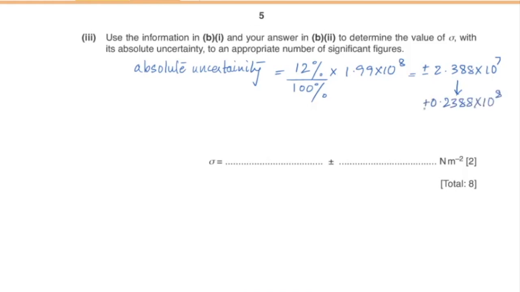Now we must change this to only one significant figure. So the value of stress becomes 2 into 10 to the power of 8, and the absolute uncertainty becomes 0.2 into 10 to the power of 8. We can write this as 2 plus or minus 0.2 into 10 to the power of 8.